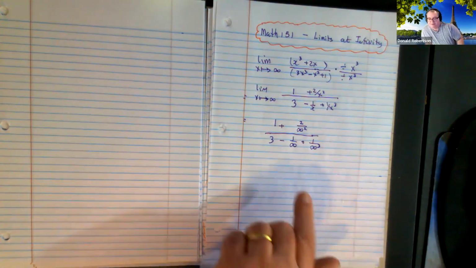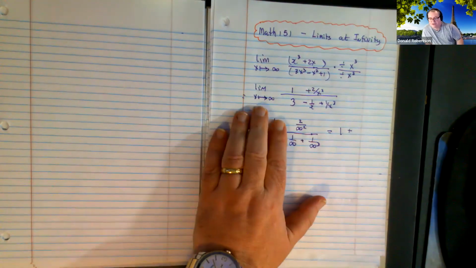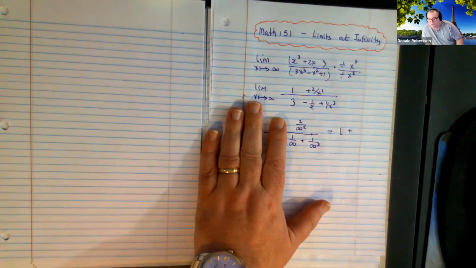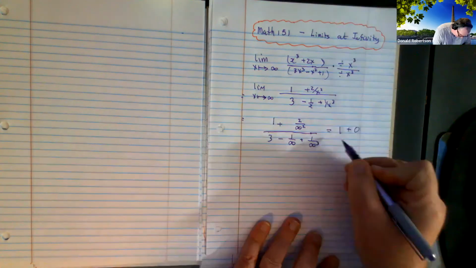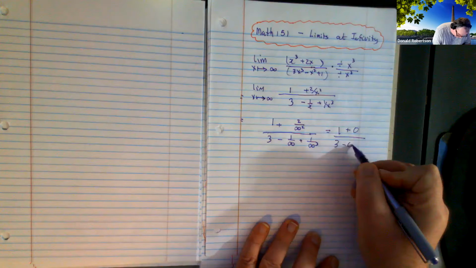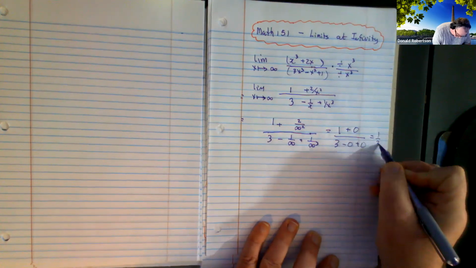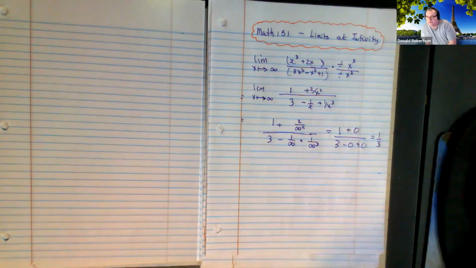What number is 2 divided by infinity, or infinity squared, or infinity cubed? 2 divided by any kind of infinity, you get a big fat 0. For the same argument, you get 3 take away 0 plus 0. So the final answer is 1/3. We now know that the limit as x tends to infinity is 1/3.